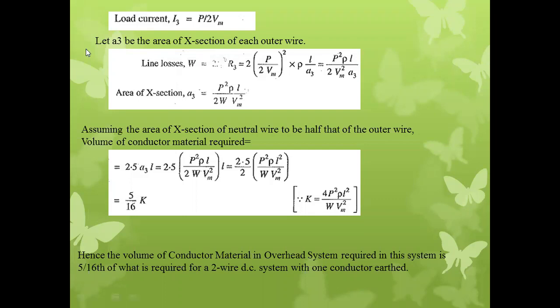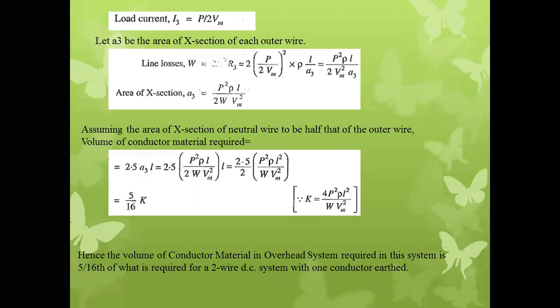So line loss is equal to 2 into I3 square into R3. Putting the I3 value, P by 2 Vm raised to 2, into R3.